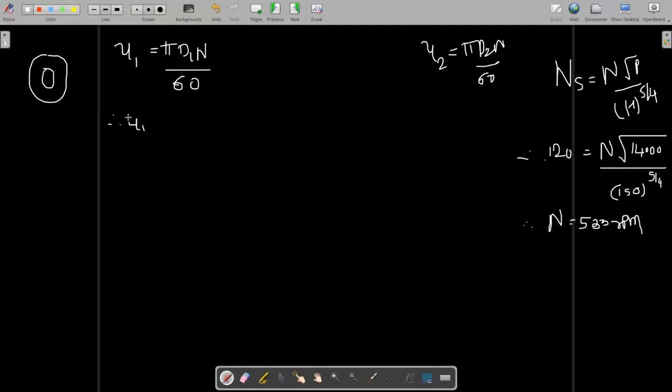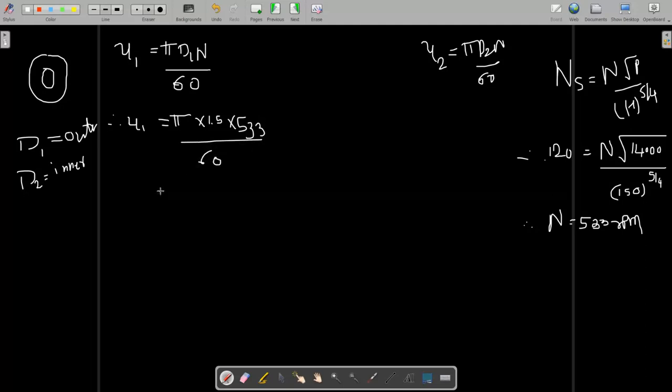So U1 is equal to pi, D1 is 1.5, that means outer diameter 1.5, N is 533. Wherever I am writing D1, that means outer diameter, and D2 is inner diameter. Divide by 60. So what is the value of U1? When you solve this, you will get 41.86 meter per second.